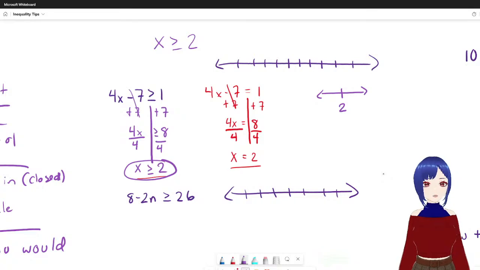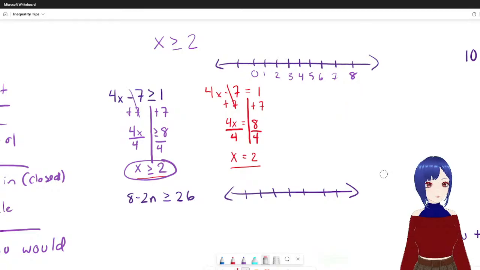So let's go with 0, 1, 3. Let's get rid of this one. Alright, so we put our circle at 2, and I'll shade with the red so that it's different. We have those lines, so there's more going on, so we gotta fill in more of our circle. And it's greater than, so greater than shades to the right.